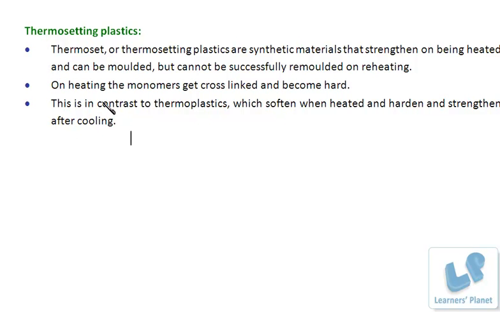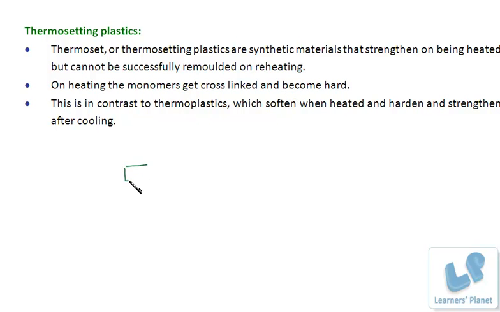Say it is kept in a mold and it is heated. So it is strengthened on being heated. But it cannot be successfully remolded on reheating. On heating, the monomers get cross-linked and become hard. What are thermosetting plastics? They get cross-linked on being heated.